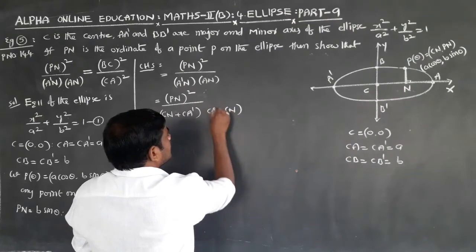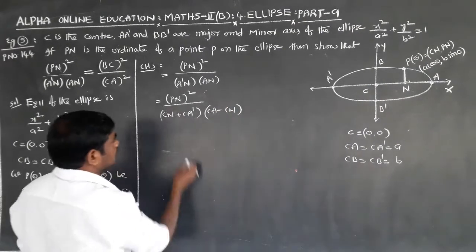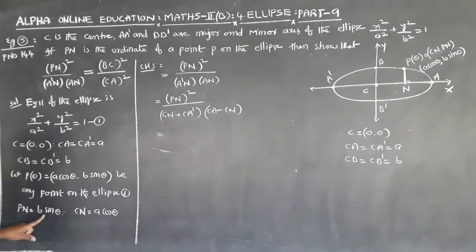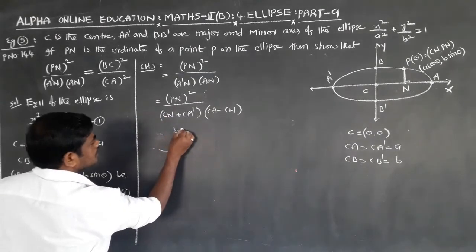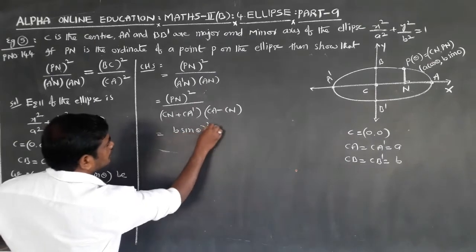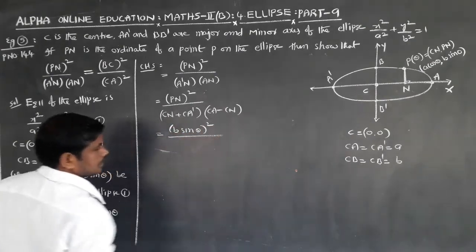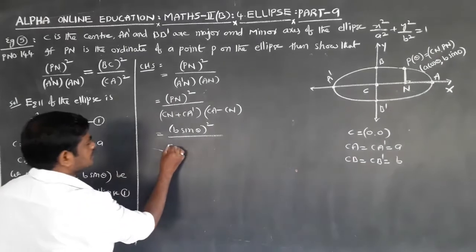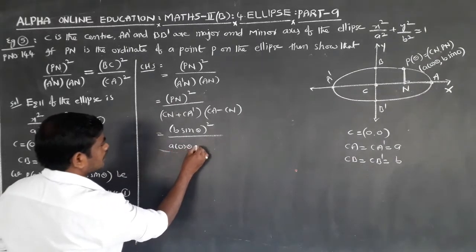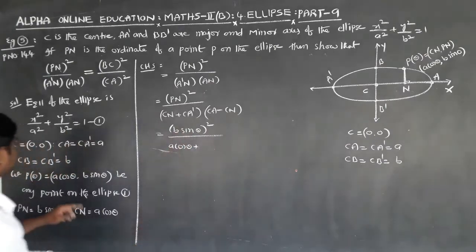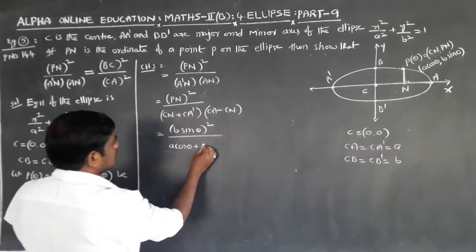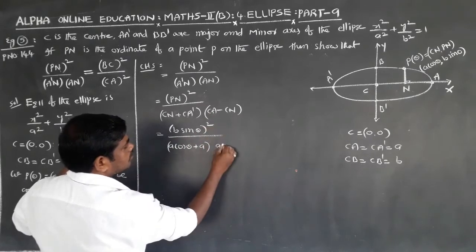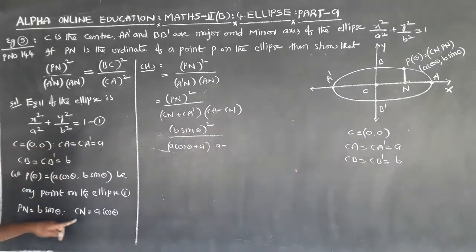Substitute PN = (b sin θ)² divided by CN. CN is equal to a cos θ plus CA'. CA' is equal to a. CA is equal to a minus CN.